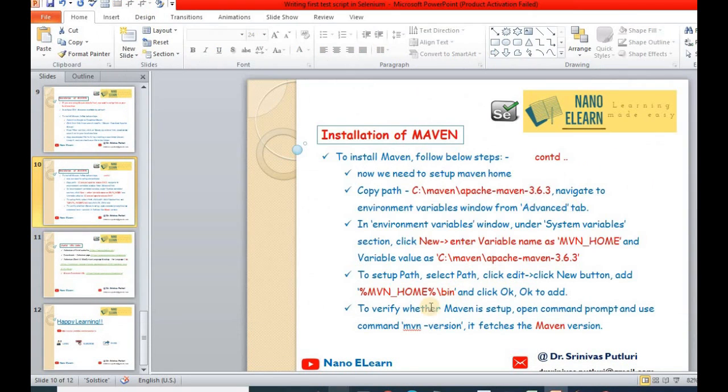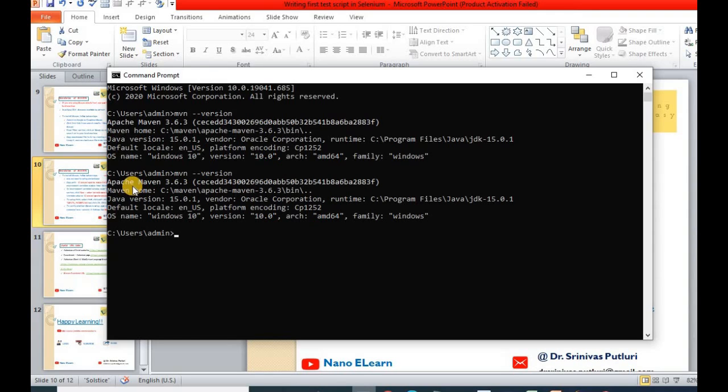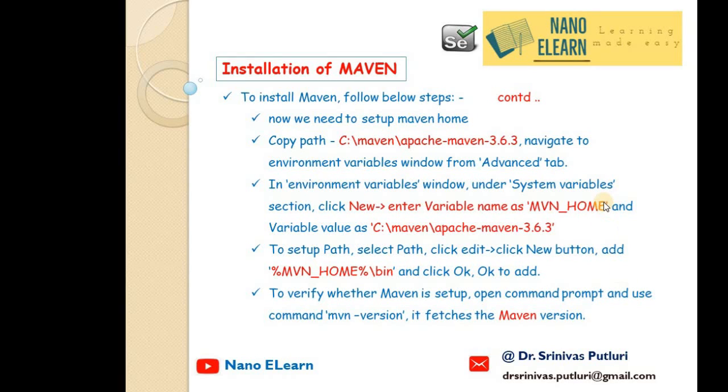Now to verify whether the Maven is installed or not, we need to open the command prompt and type the command mvn version. It will retrieve the Maven version, that is Apache Maven 3.6.3. That's it. This is how we can install the Maven version successfully into our local machine.